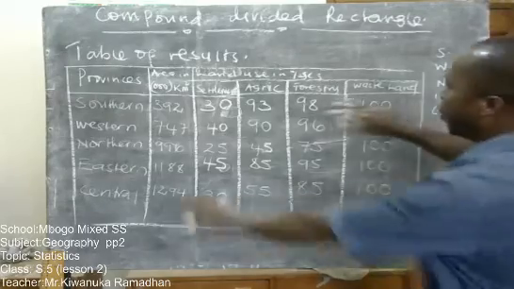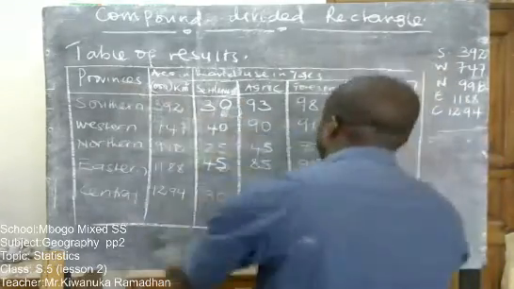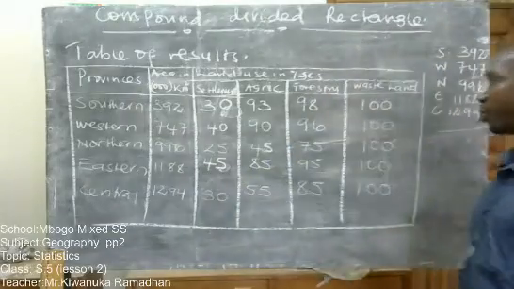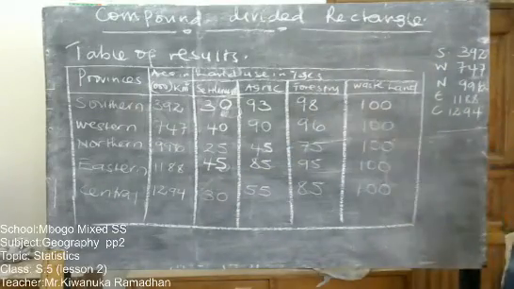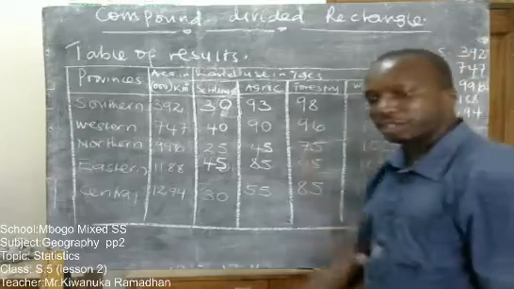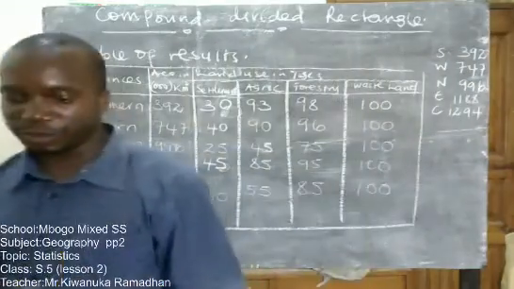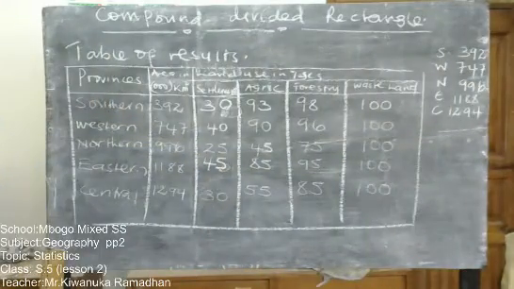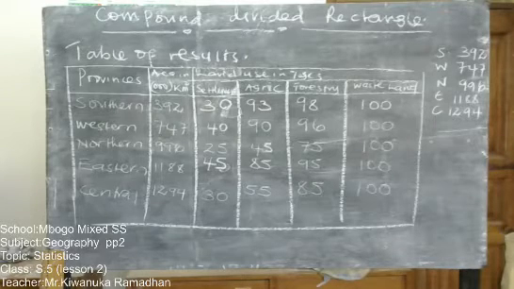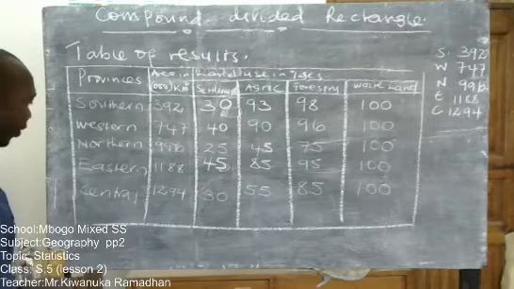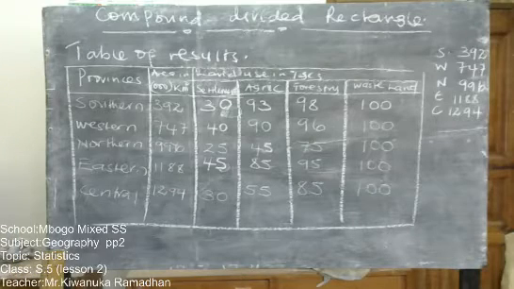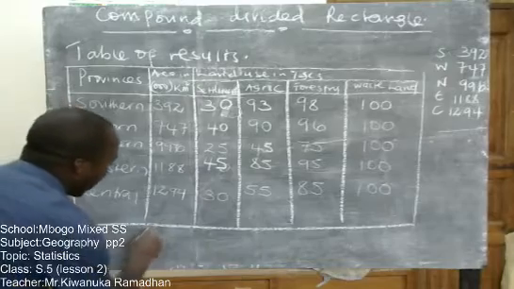For you, you have to use this cumulative table, because this is our table of results, and we are going to use the table of results to draw our compound divided rectangle. Now, before drawing, we are going to come up with our scale. Remember, our rectangle is going to be like this.